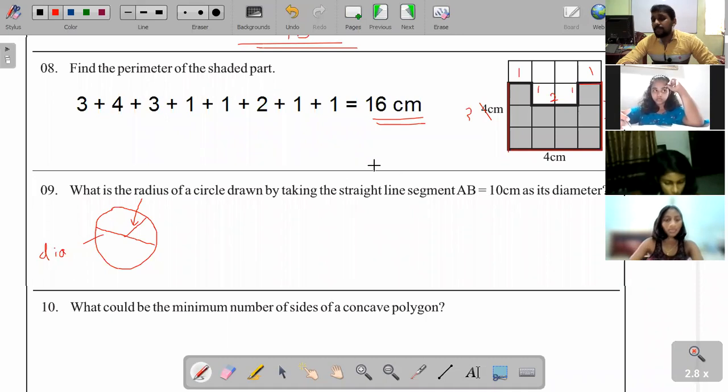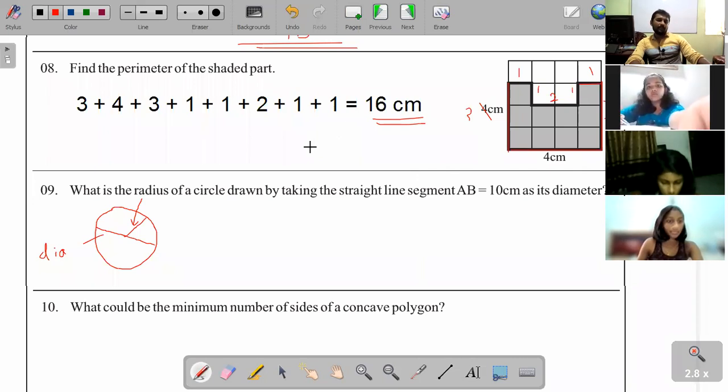What is the relationship between diameter and radius? Do you remember? What's the relationship? Diameter equals twice the radius.